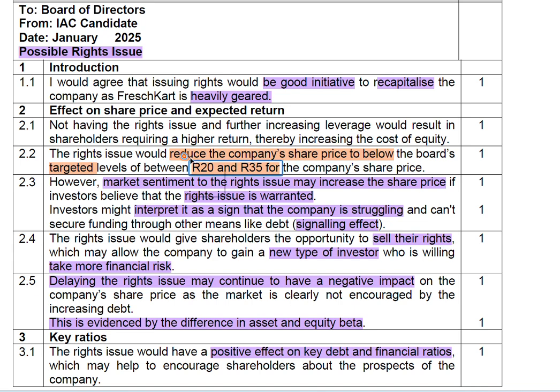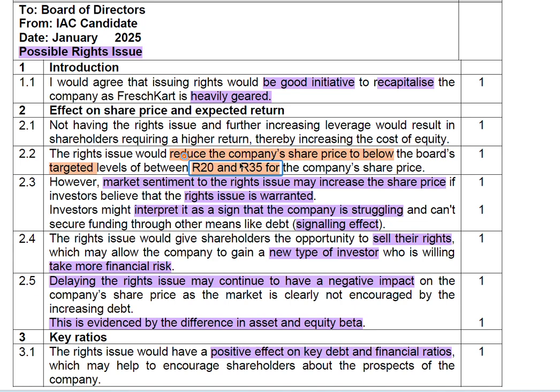The rights issue would reduce the company share price to below the board targeted level of between 20 and 35 for the company's share price. So we've seen that post-rights issue, the share price went to 19.20. That is now below the target that we saw in the scenario.